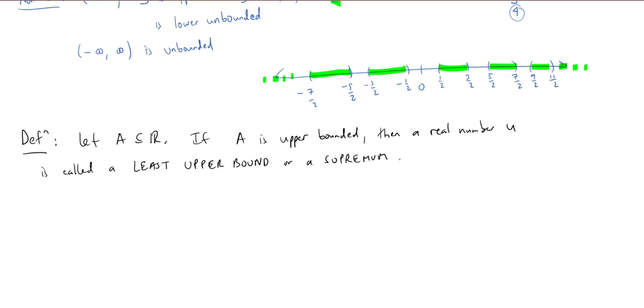Okay, and this is actually the word we're going to use more frequently. So a least upper bound or a supremum for A. First, U is an upper bound.